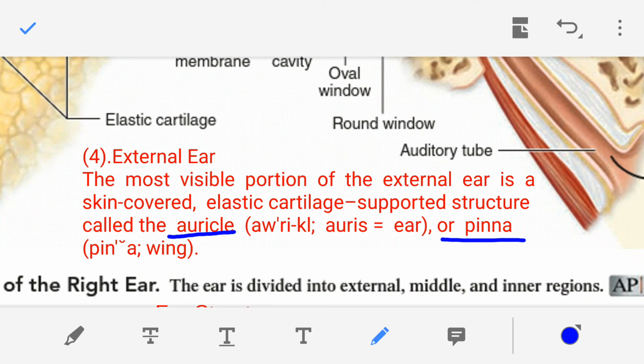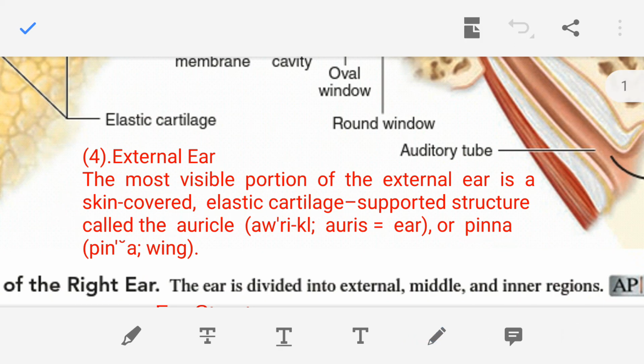So the outermost or visible part of the external ear, which is present outside our body, is known as the auricle or the pinna. And this auricle or pinna is made up of elastic cartilage, and this elastic cartilage is covered by skin.